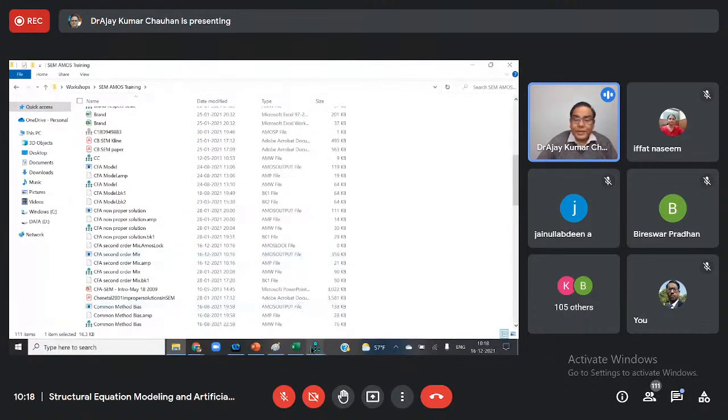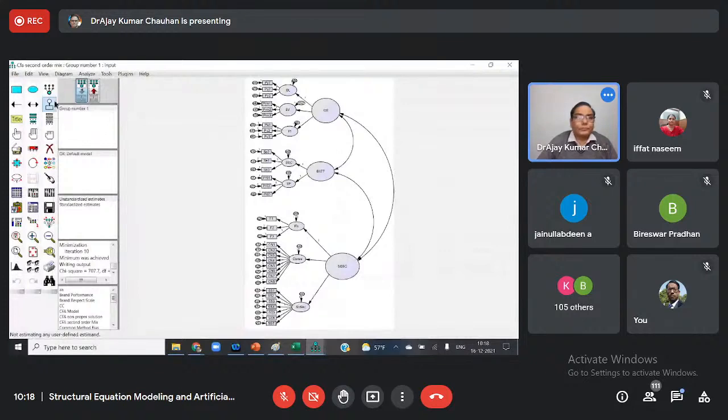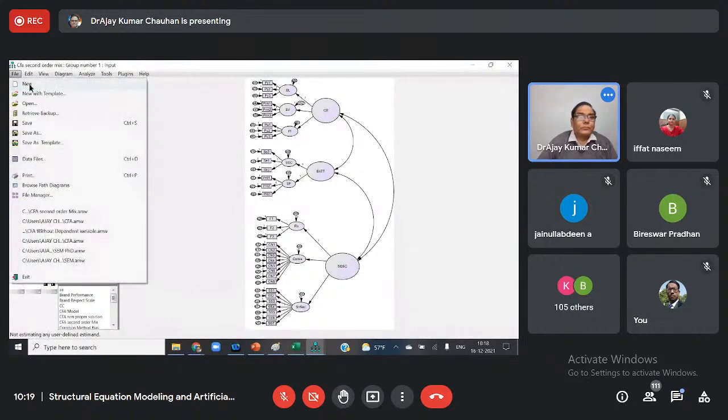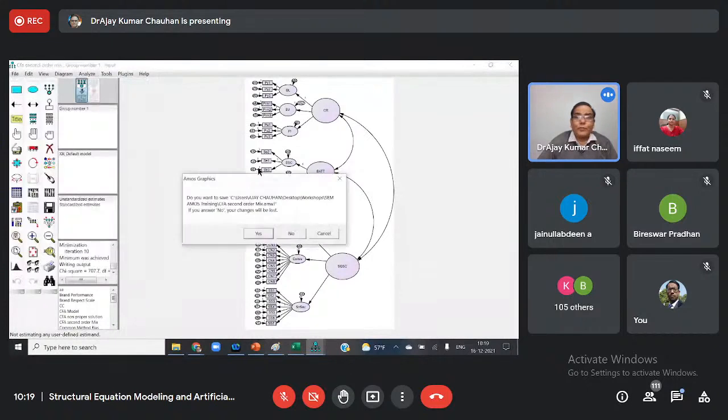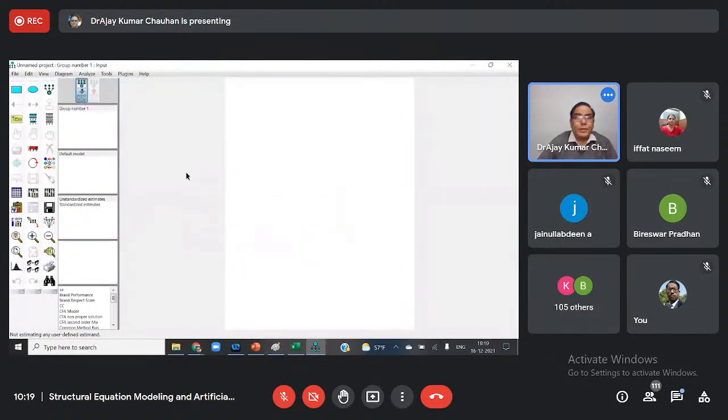Okay, so let me make a second order construct, a new file. I'm showing you how to check the validity of a second order construct now.